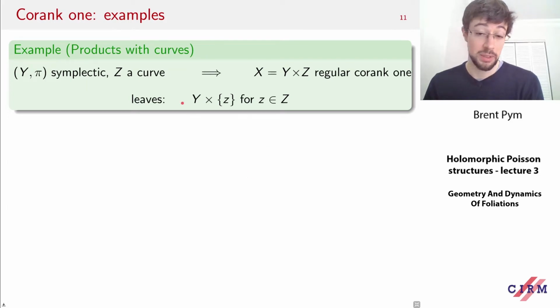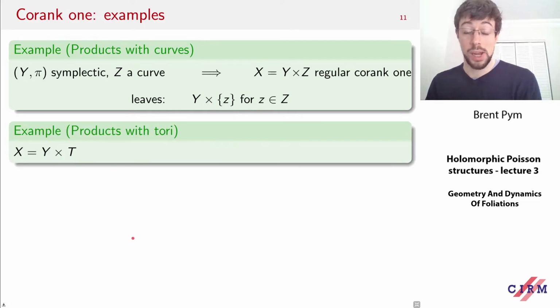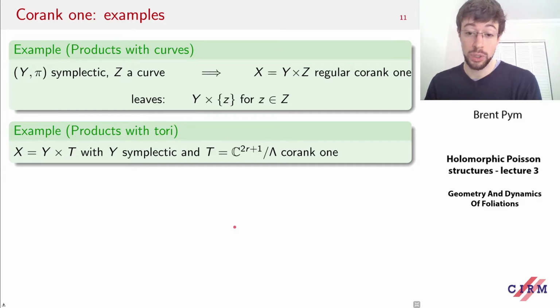And the symplectic leaves of this Poisson manifold, they're just copies of Y indexed by the points in this curve Z. Along similar lines, I could consider a product of a symplectic manifold Y with a torus T, which is a co-rank 1 Poisson structure. So this torus T will be odd dimensional.